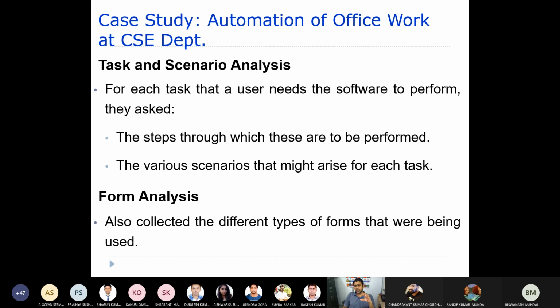That can be identified here, along with the various scenarios that might arise for each task. Similarly, you need to analyze the scenarios also, as I told you before. What is a scenario? Whatever scenarios are tied up with each and every task also need to be analyzed.